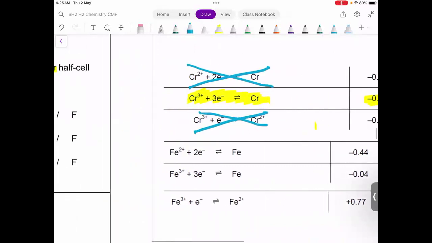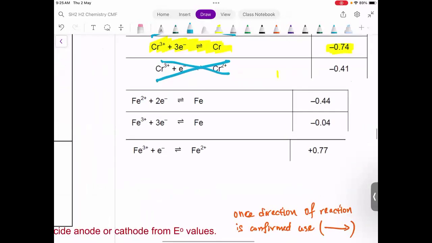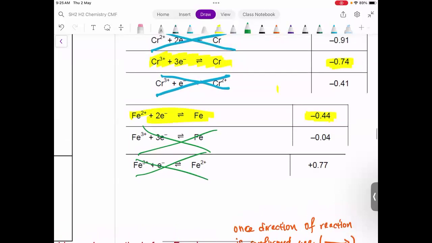Then if you look at the other half cell, which is iron 2 and iron 0, between iron 2 and iron 0, this is the only one that is applicable, and that is negative 0.44. So this will be irrelevant. With this in mind, which one will be the cathode, which one will be the anode? If you look at the value, negative 0.74 versus negative 0.44, who is the cathode?